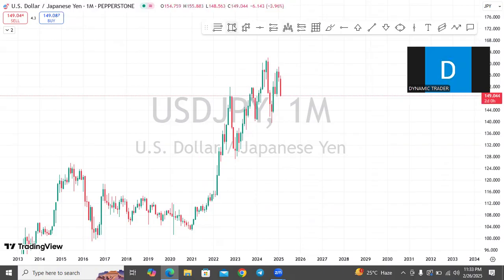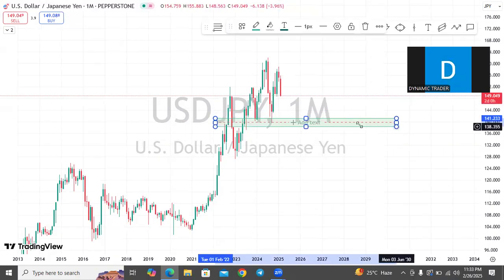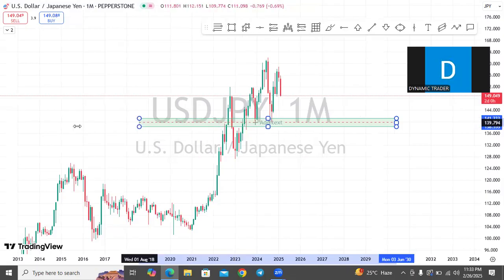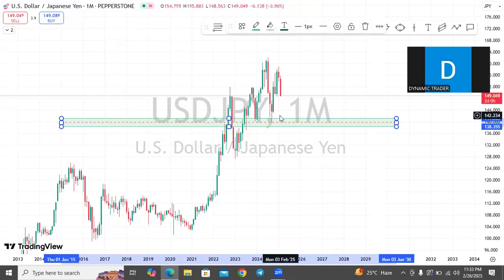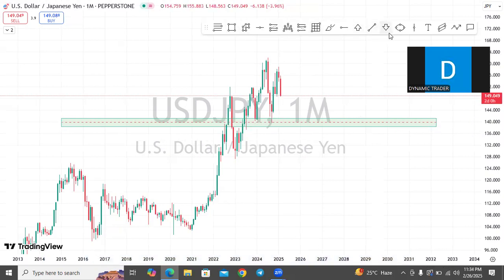But you cannot clearly say that the market is bearish. Why? Because the market has not broken this particular region on the monthly time frame. Until the market breaks below this point, you can still see that USD JPY is bullish.